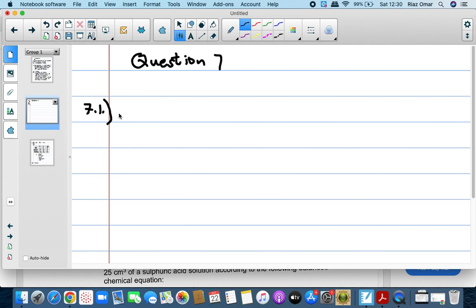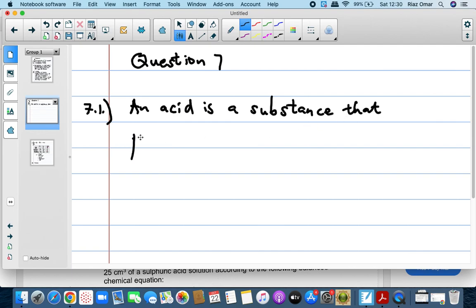So 7.1, the question is, what is an Arrhenius acid? An acid is a substance. We get the Arrhenius acid and we get the Lowry Bronsted acid, right? And the Arrhenius acid is a substance that produces hydrogen ions, H plus ions, right?